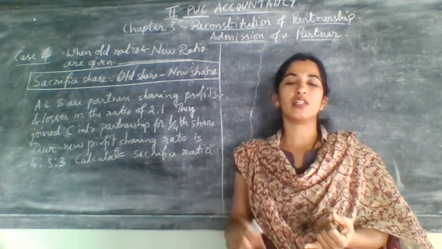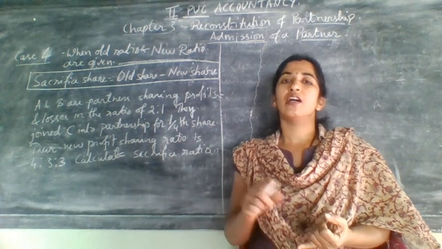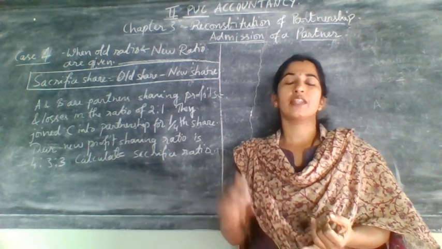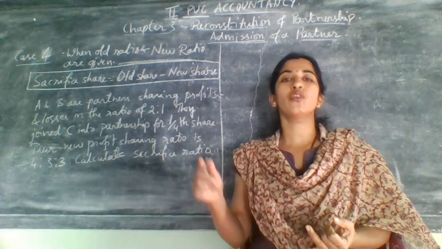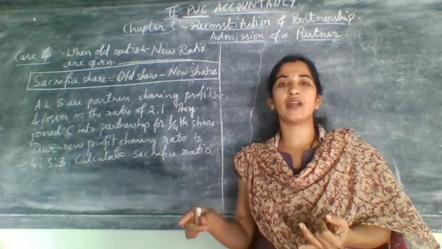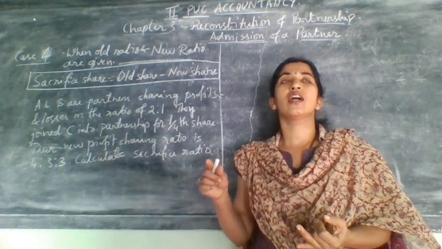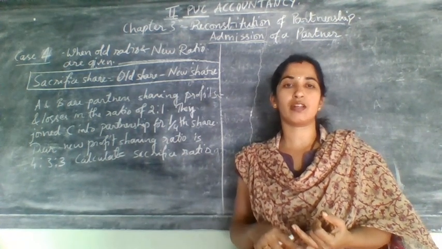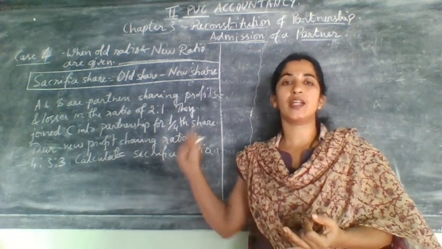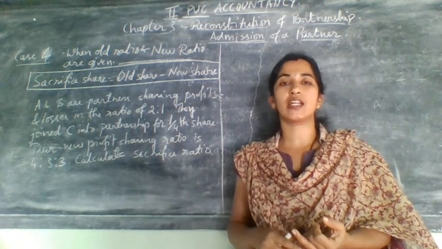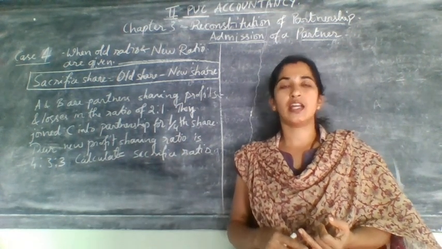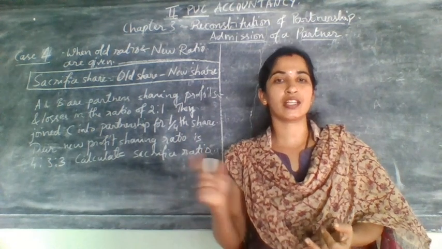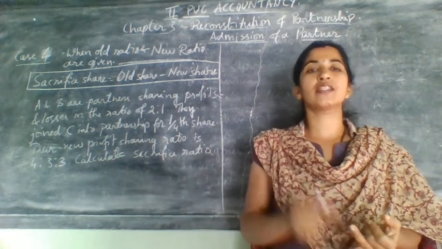That time old ratio itself is considered as sacrifice ratio. Second, along with the new partner share, they have given the share acquired by the new partner. When that denominator is the same, you need to consider it as sacrifice ratio. That acquired share itself will become the sacrifice ratio.